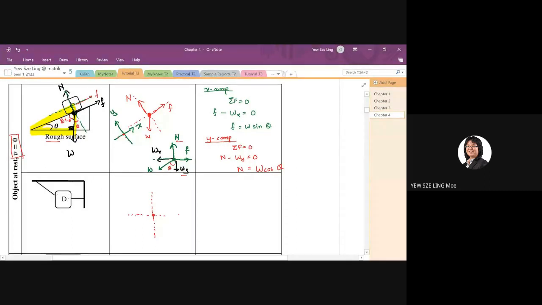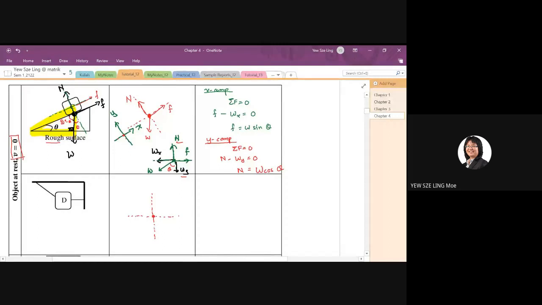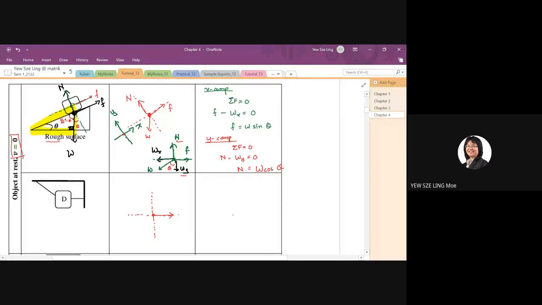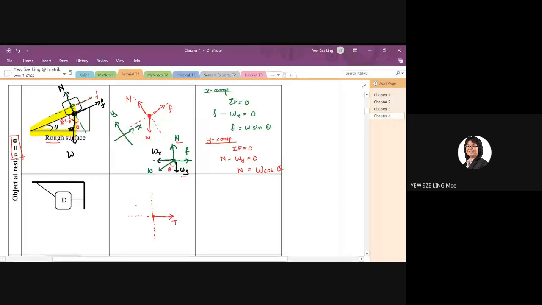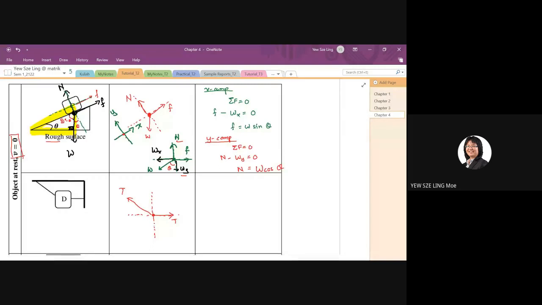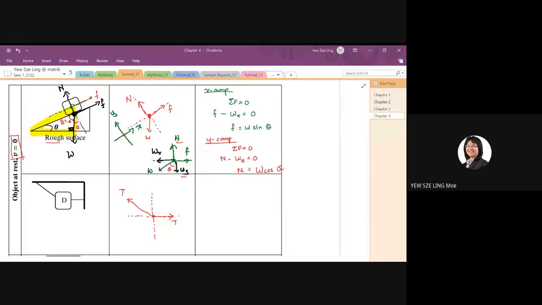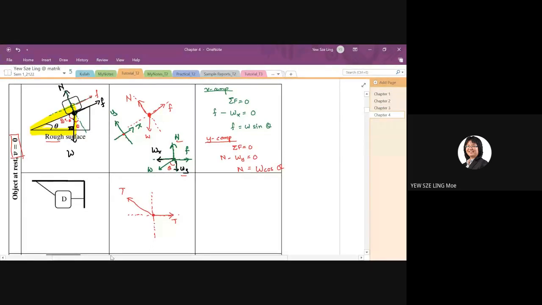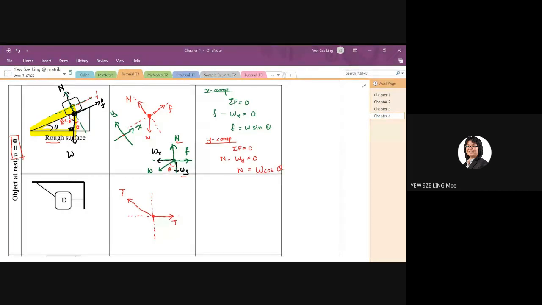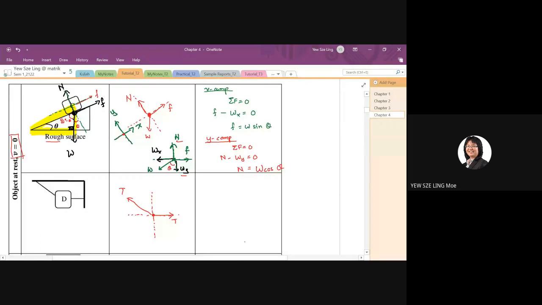If you look at the diagram, now you have two strings. Your friend gave me two Ts. Good, Fatima. The first T is going to the right-hand side, and the second T is at an angle. There is only one mistake in your diagram. You labelled both tensions as T, and it is wrong.